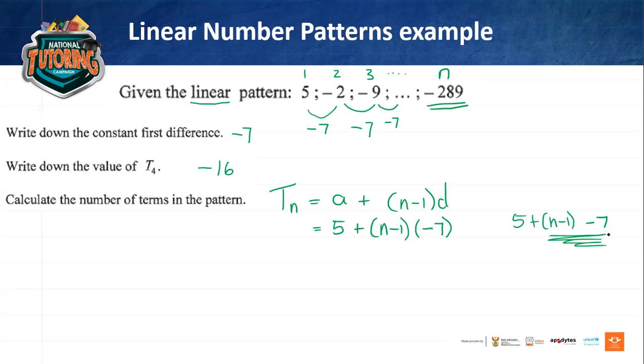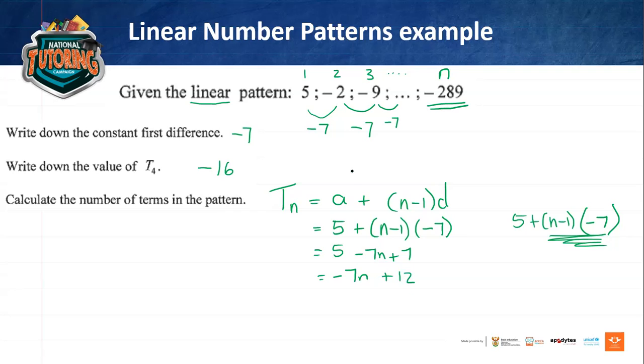We're subtracting, but we need to be multiplying, which is why your brackets need to come in, and then it becomes multiplication. You can multiply this out. We get 5 minus 7n plus 7, which gives us a general formula of -7n plus 12.